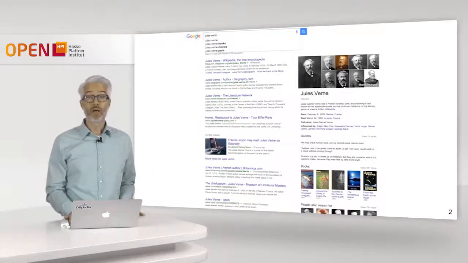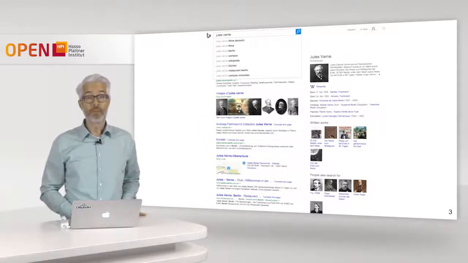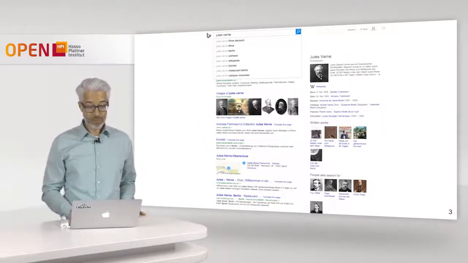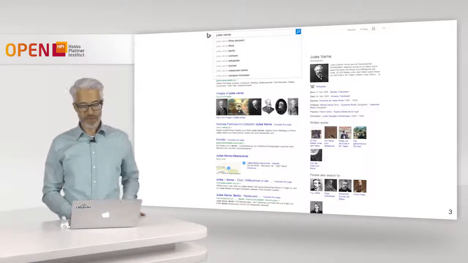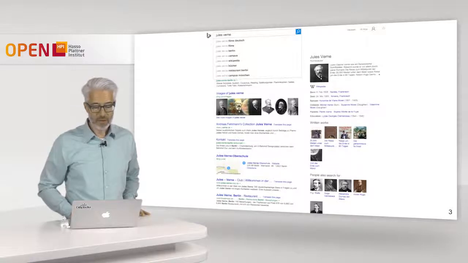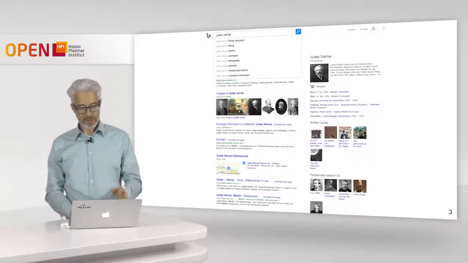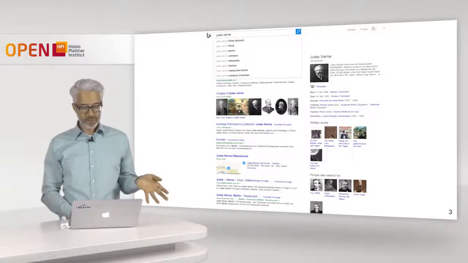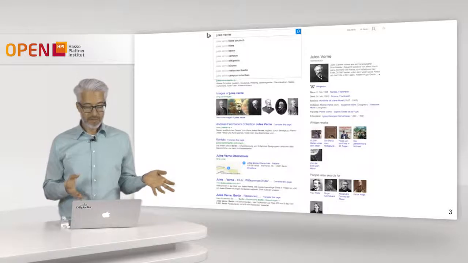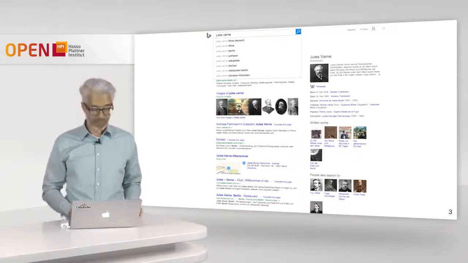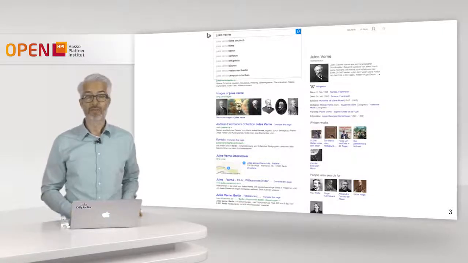Let's have a look at how it is with the other search engines. As a next example, I took Bing. Here I was logged in to the system, so the choices presented for the auto-completion are in German. But nevertheless, if you look closer at the results, you see information about the author, Jules Verne, but you also see a school named after Jules Verne, and you will find a club and a restaurant with the same name.